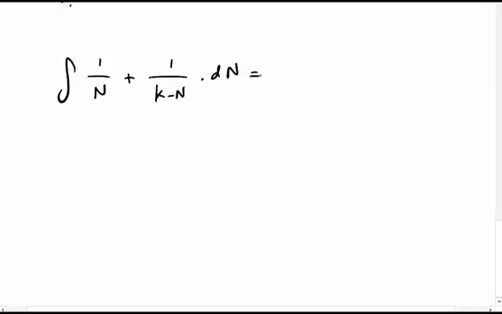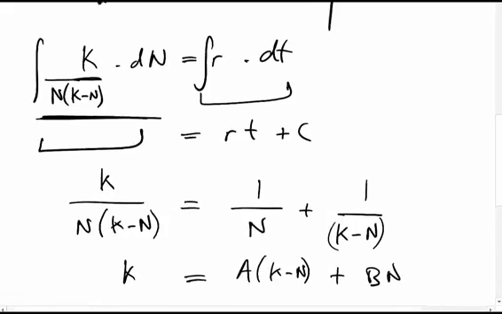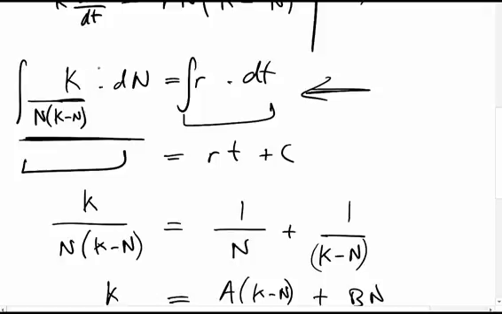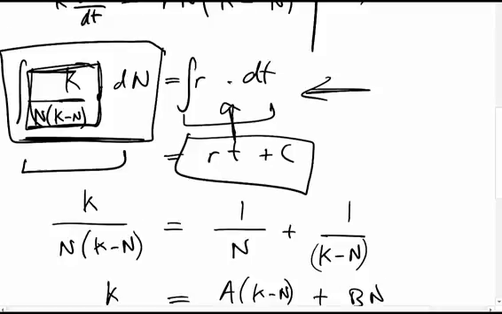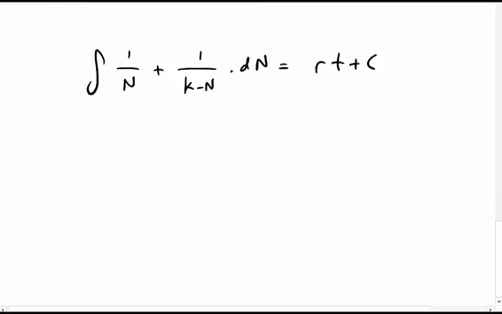And I've just worked out what the right hand side was. It was rt plus c. So effectively, all I've done is taken this integrand, the thing which I'm integrating is called an integrand, and split that up using partial fractions. I've worked out this right hand side already, and I've just rewritten it down there. That's all I've done. So now I can just integrate it directly.